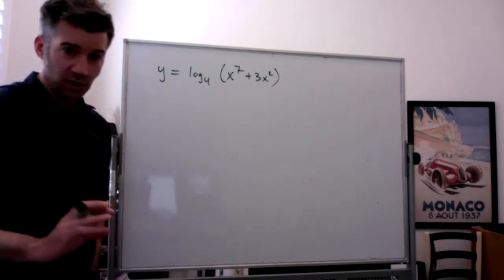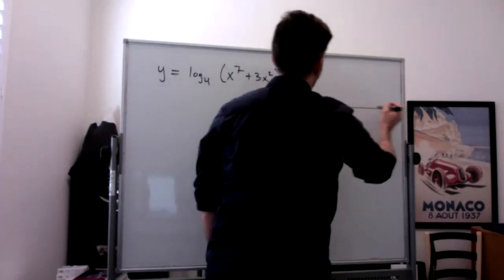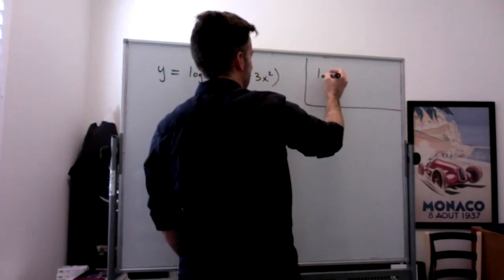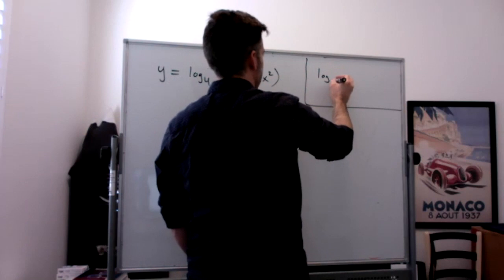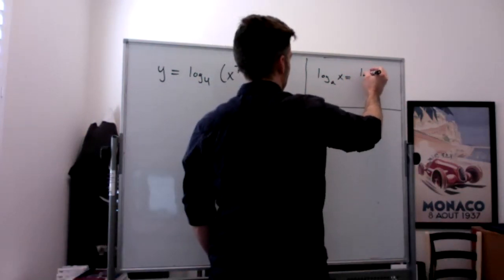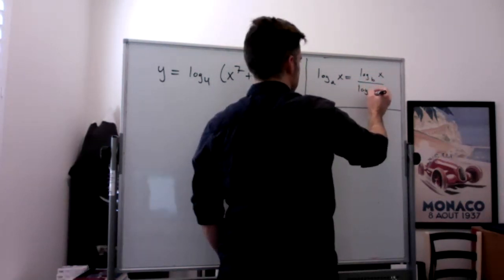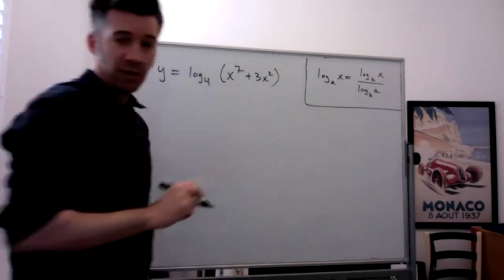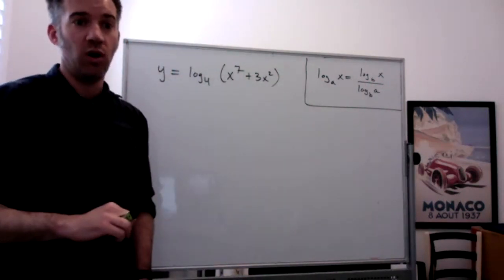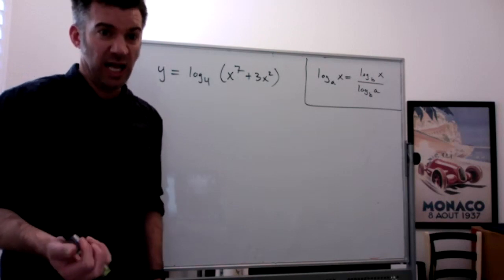I don't remember if I talked about it last class or not, but the change of base formula says that if you have log base a of x, you can write that as log base b of x over log base b of a, where you can pick b to be any base you want. So of course the base we're going to pick is base e, the natural base.